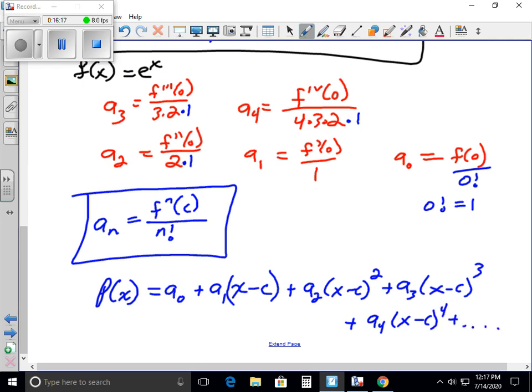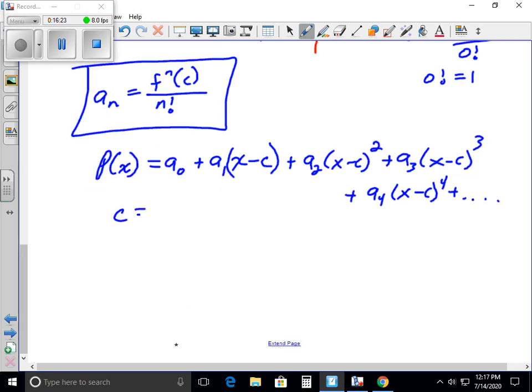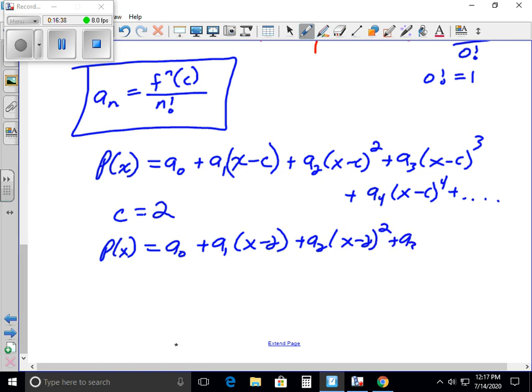And we would go for however long we want. Now you might ask, why x minus c? If we are centered at, for example, 2, then we would have some constant plus a sub 1 times x minus 2, plus a sub 2 times x minus 2 squared, plus a sub 3 times x minus 2 cubed, plus a sub 4 times x minus 2 to the fourth, and however far we want to go.